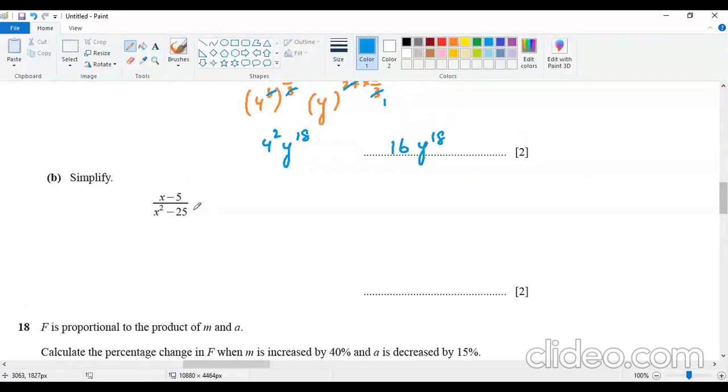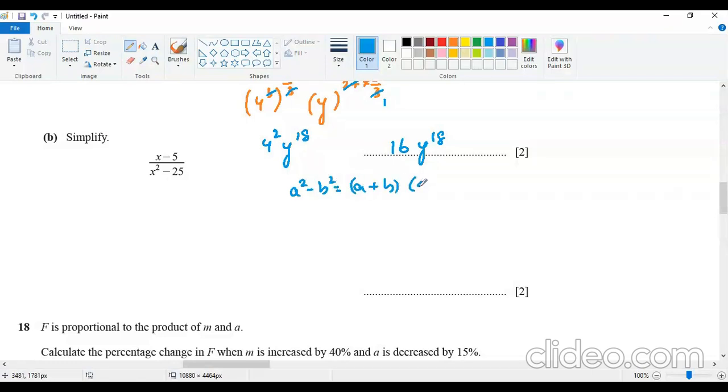Now in this question of simplification, we are going to be using a rule, if you remember, that a square minus b square is equal to a plus b and a minus b. If I write this question in this way, I can definitely write x square minus 5 square.